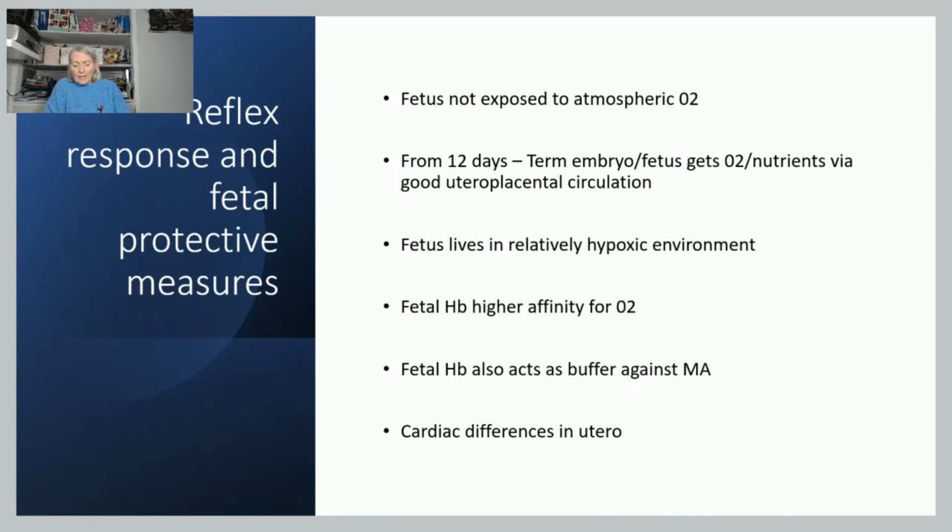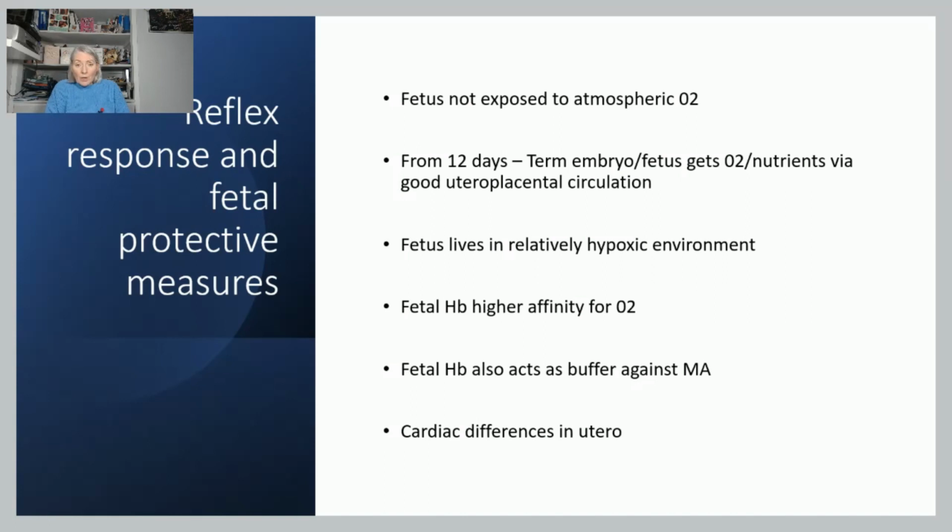Its fetal Hb has a much higher affinity for oxygen, so that means that oxygen will bind at higher partial pressures and release rapidly at low oxygen tensions, so that the oxygen can get to those central organs really quickly. Fetal hemoglobin also acts as a buffer against metabolic acidosis, so that helps avoid neurological damage.